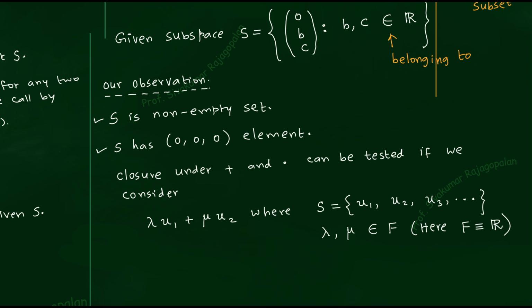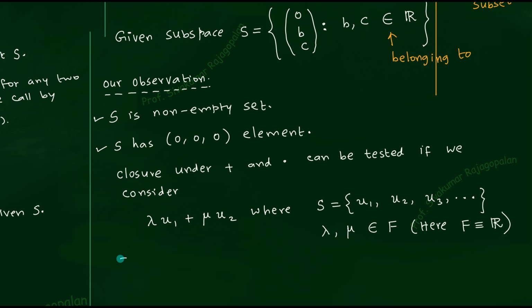So once this is clear, we will now substitute what u1 and u2 are. How will u1 look? u1 will look like 0, b1, c1, because the first element is 0. Simply write it like that, without numbers. Similarly, you can write down 0, b2 and c2.